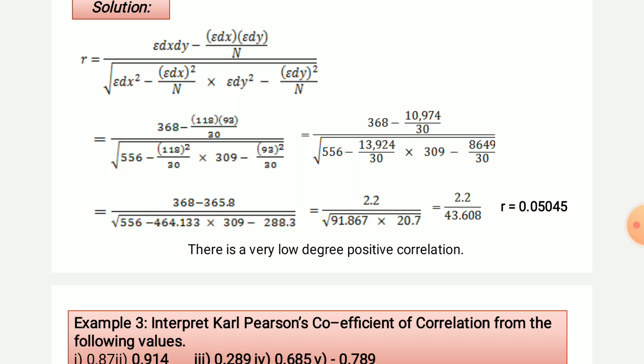So the difference, 20.7, equals 2.2 divided by root of 91.867 into 20.7, and its value is 43.608. Therefore 2.2 by 43.608 is equal to 0.05045. This is the value of R.